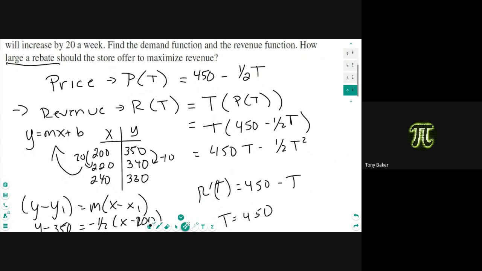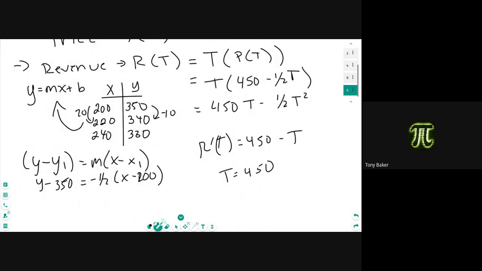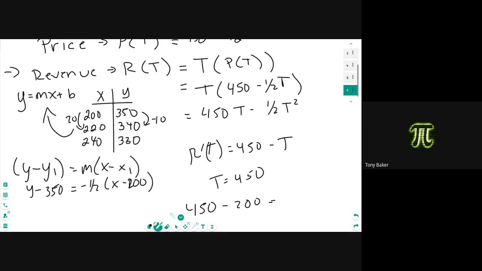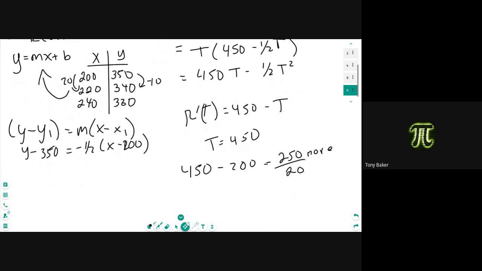I'm selling 450 minus 200, so I'm selling 250 more TVs, and I sell 20 more every time I do it. So it's 12.5 rebates, or $125, because each rebate was $10.